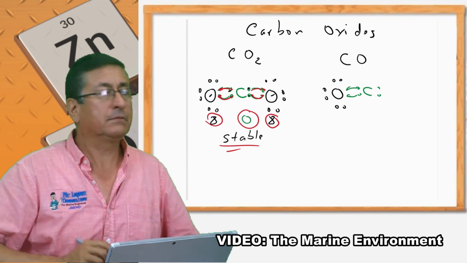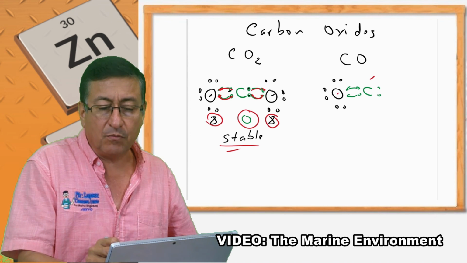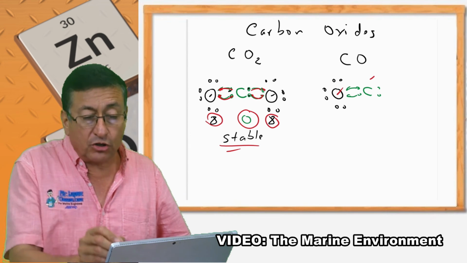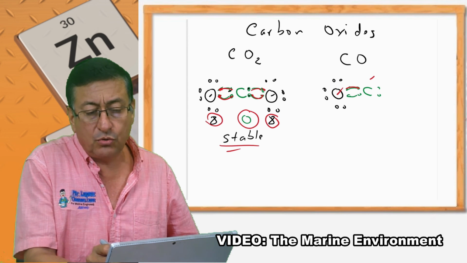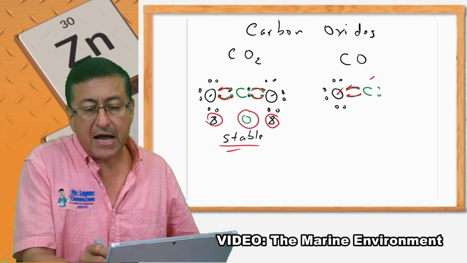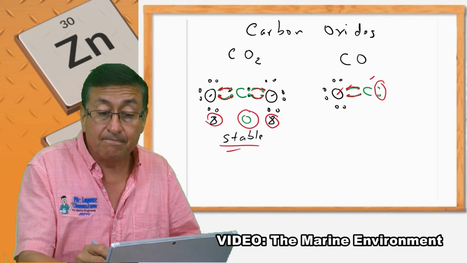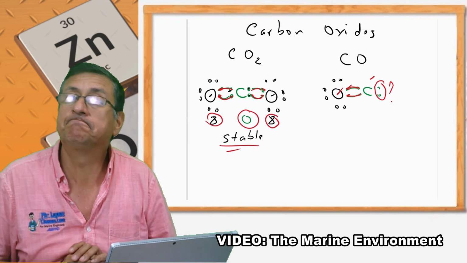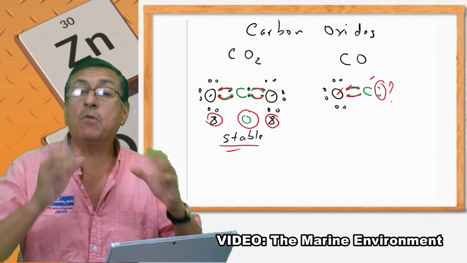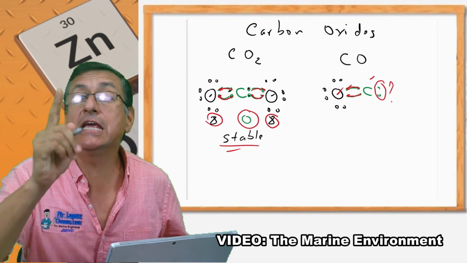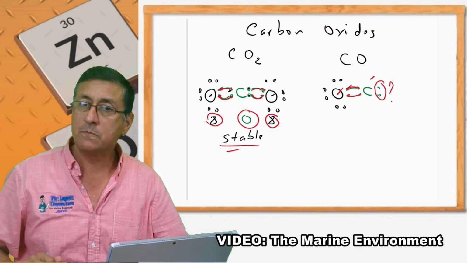Carbon monoxide, the second one, is 1 atom of carbon and 1 atom of oxygen. The oxygen with 6 electrons needs 2. Those 2 electrons go over there, and those extra 2 electrons are free. That molecule is not stable. That molecule needs another single atom of oxygen to be stable.